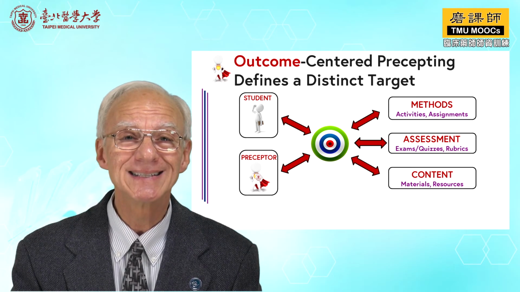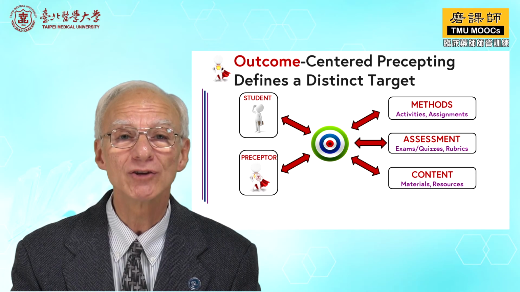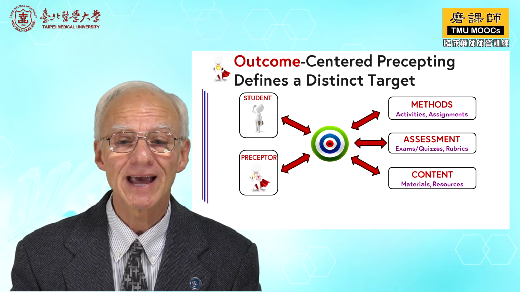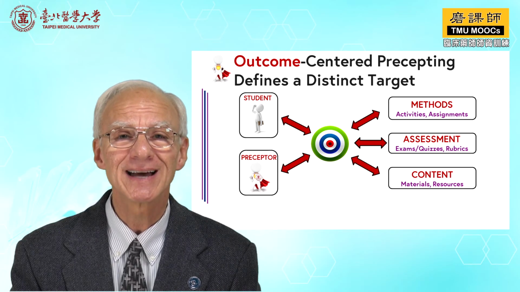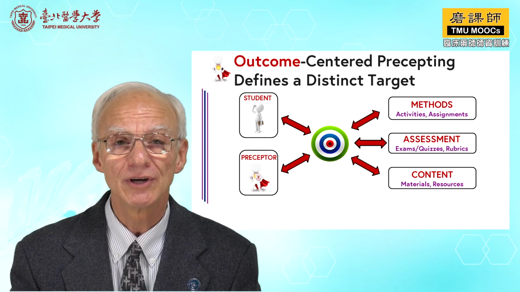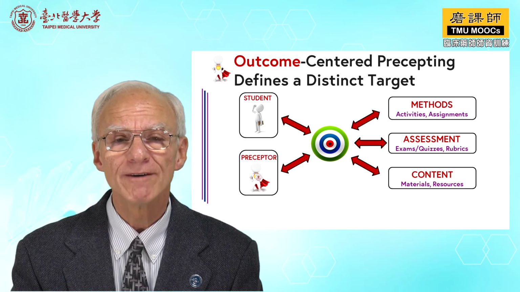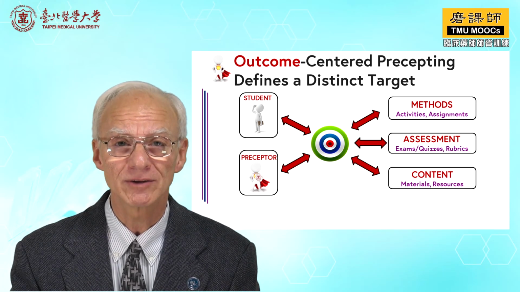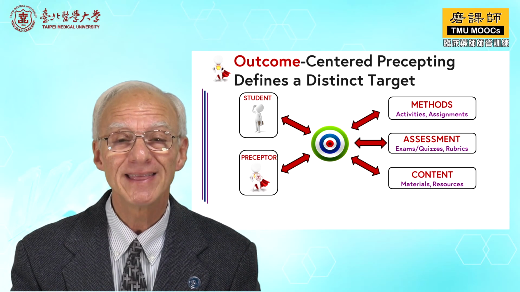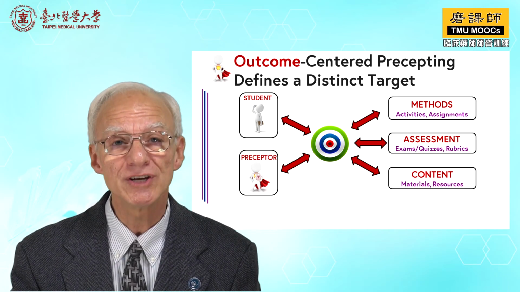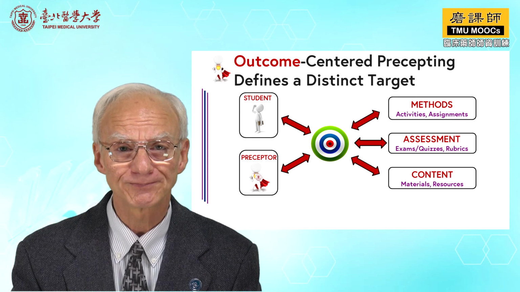It also guides the assessment, the way the preceptor evaluates the performance of the student. And lastly, it identifies the content, the aspect of learning that takes place during the rotation. So if all 3 of those elements are focused on the target, on the learning outcomes that the preceptor has developed, they will be consistent with each other and aligned with each other, focused on achieving those outcomes.